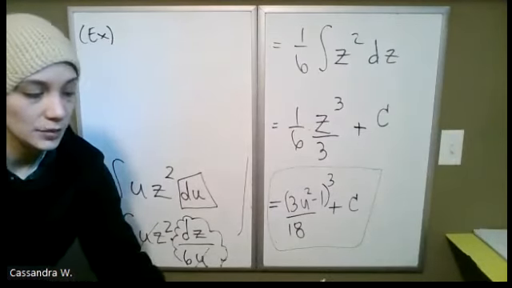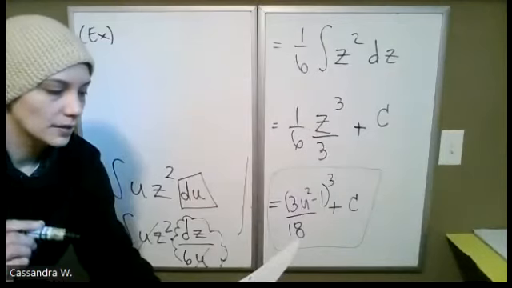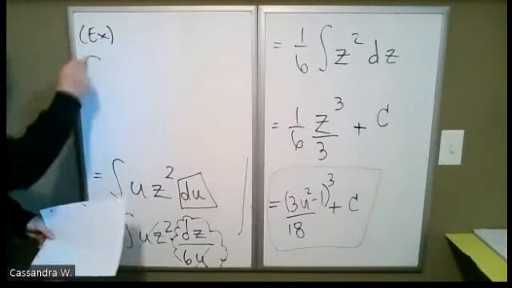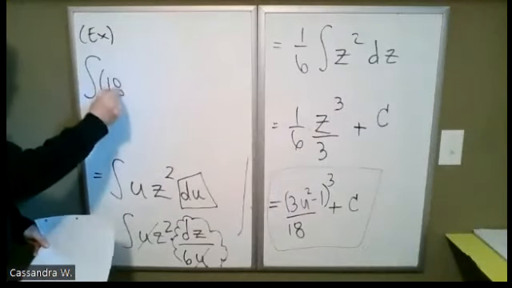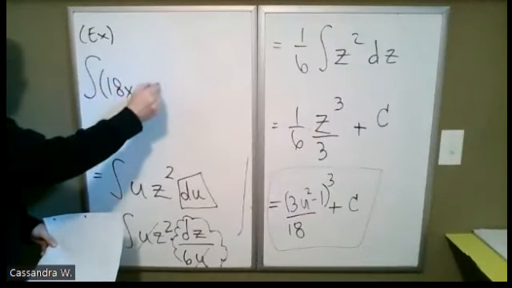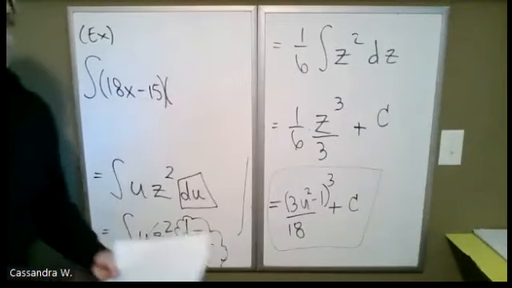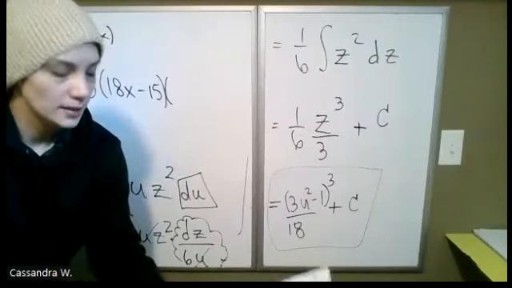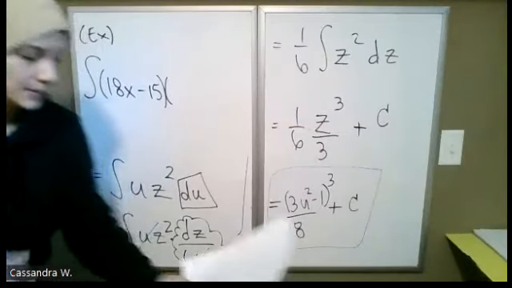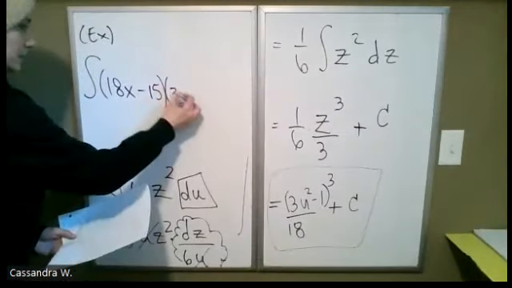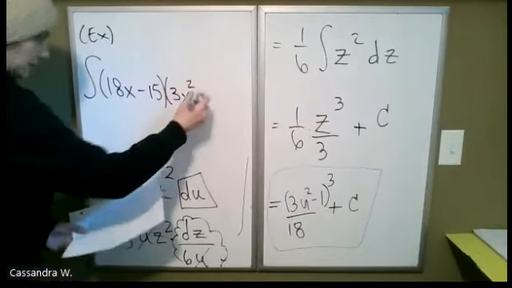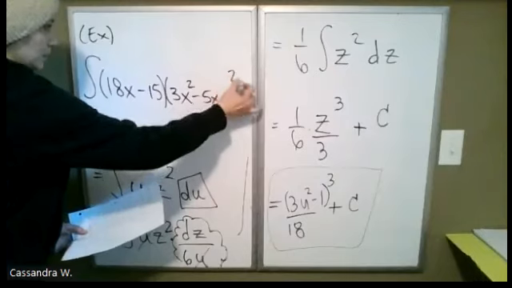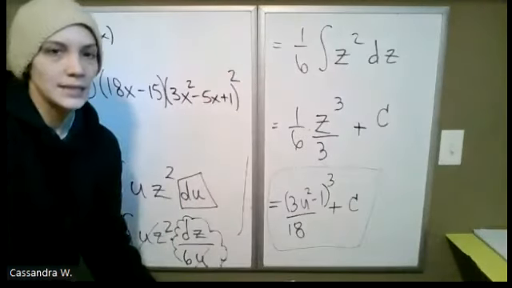This is the integral of the product of 18x minus 15 and 3x squared minus 5x plus 1, and that quantity is squared, dx.